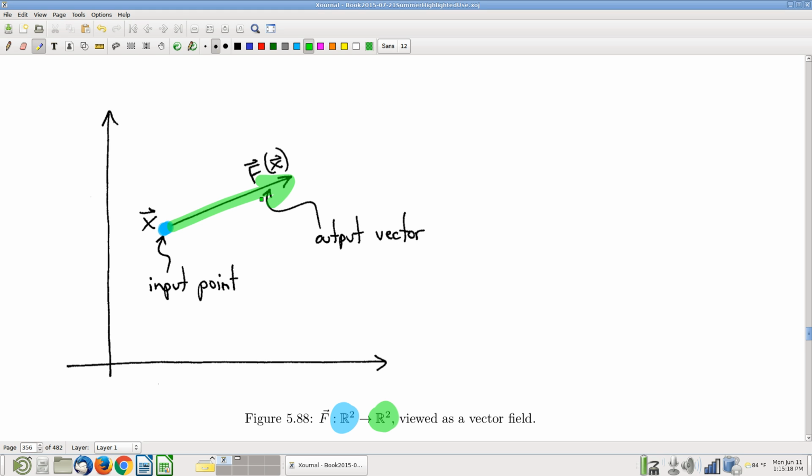These are all different pictures that we associate to different kinds of functions for different kinds of purposes. This is not any of those things. This is not a graph of this function, right? I have not drawn the domain and the target in separate worlds. This is not a level set, right? It's yet another kind of picture that I can draw. So it's at least the fifth, and it might be more. I may have forgotten one. Let's say the fifth.